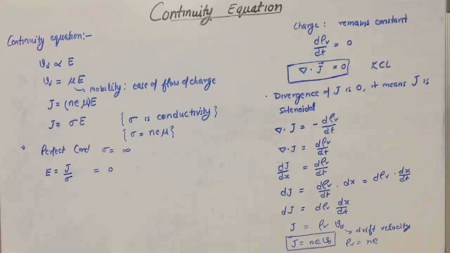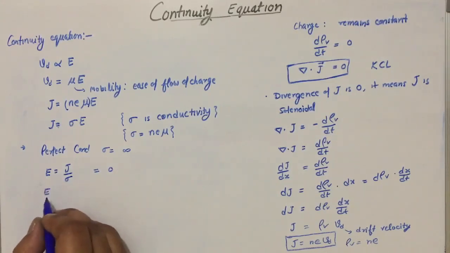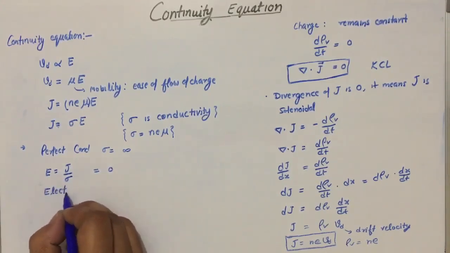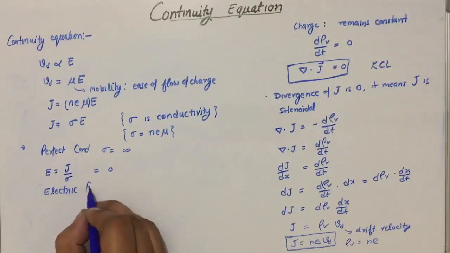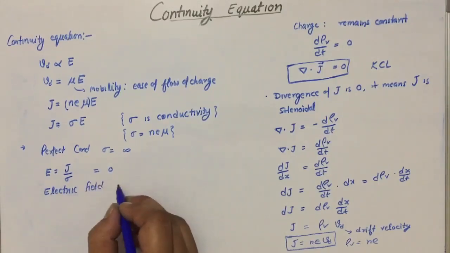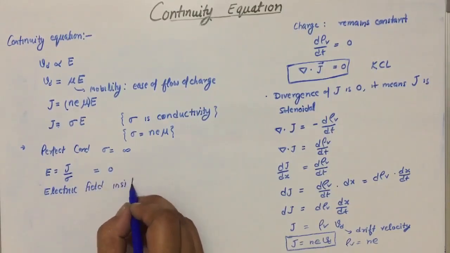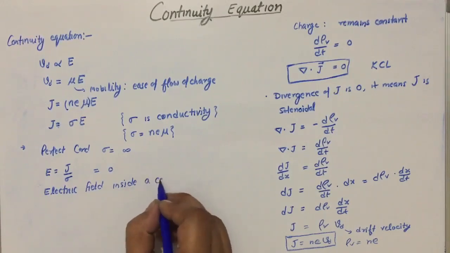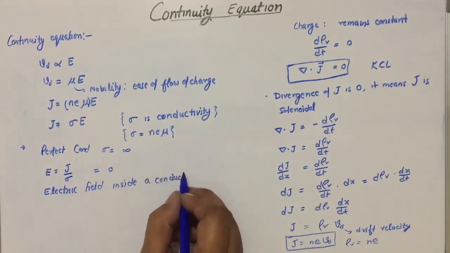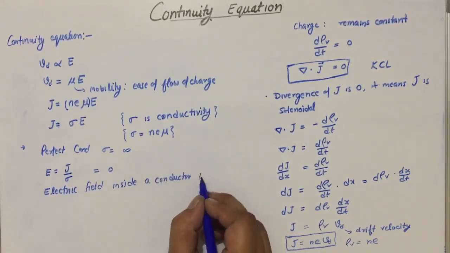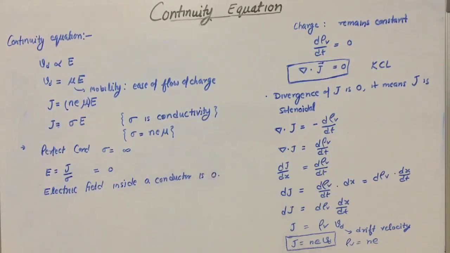So in this way we can say the electric field inside a conductor is 0.